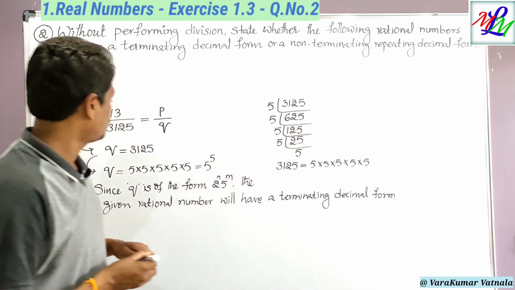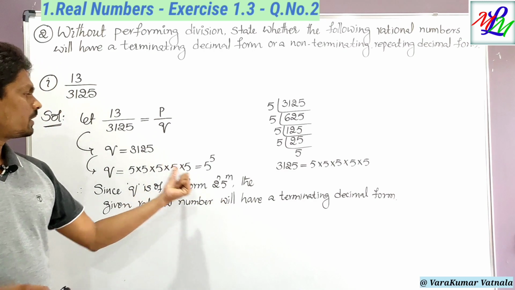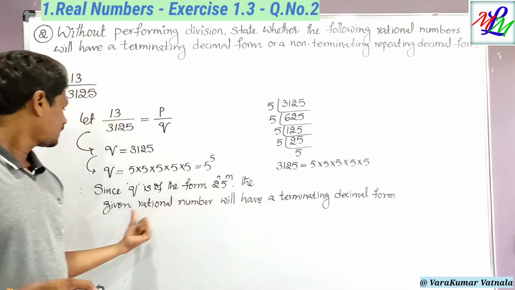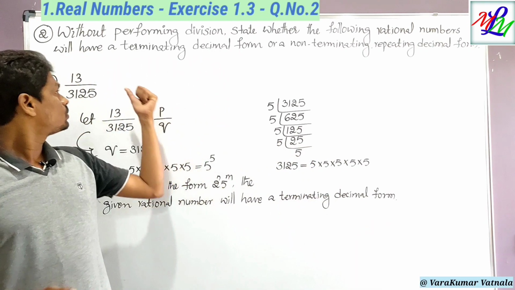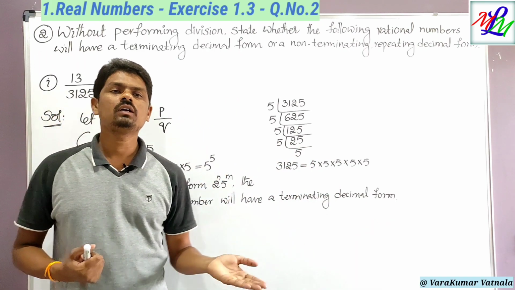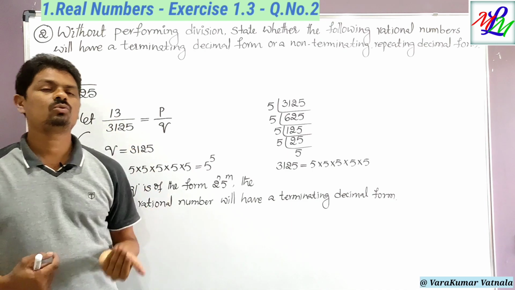So like this we have to write, student, since q is of the form 2 to the power n into 5 to the power m, the given rational number will have a terminating decimal form. So this is first bit, student, and next we have to solve second bit.